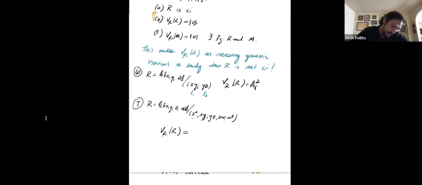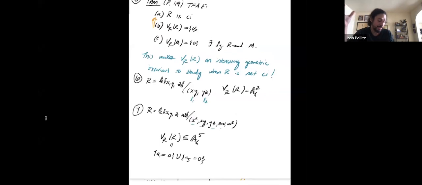There are 5 generators, so this is going to live in affine 5 space, and it's not equal. In this example, it's a union of hyperplanes: the A1 equals 0 hyperplane and the A5 equals 0 hyperplane, the union of them. But in general, it's not quite a clear picture yet for what ring theoretic properties directly translate to VR of R. That's an interesting avenue that I'd like to talk more about.